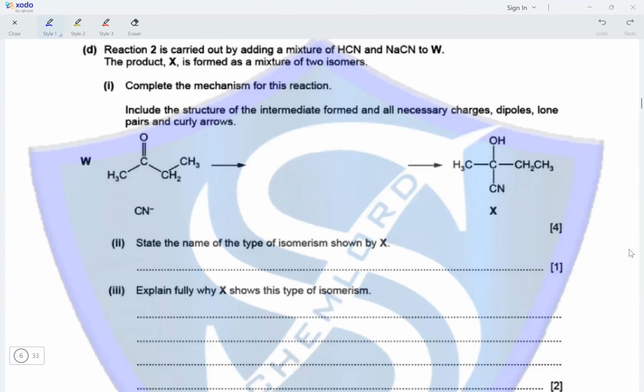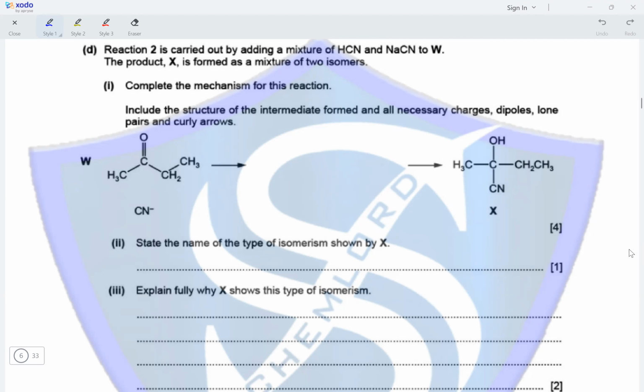Reaction 2 is carried out by adding a mixture of HCN and NaCN to W. The product X is formed as a mixture of two isomers. Complete the mechanism for this reaction, include the structure of the intermediate and all necessary charges, dipoles, lone pairs, and curly arrows.